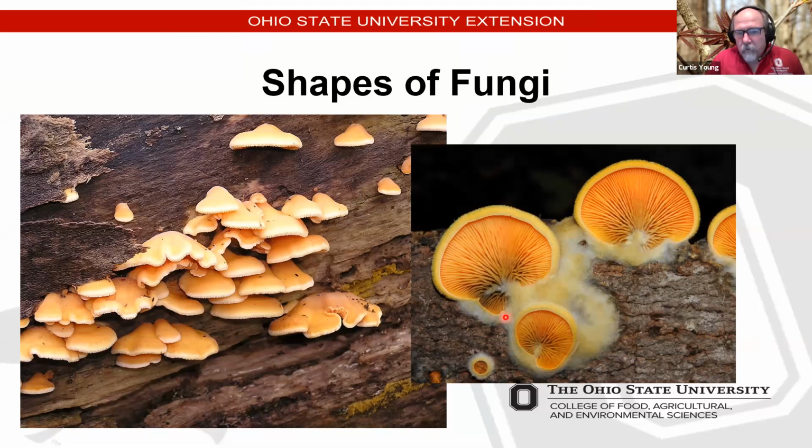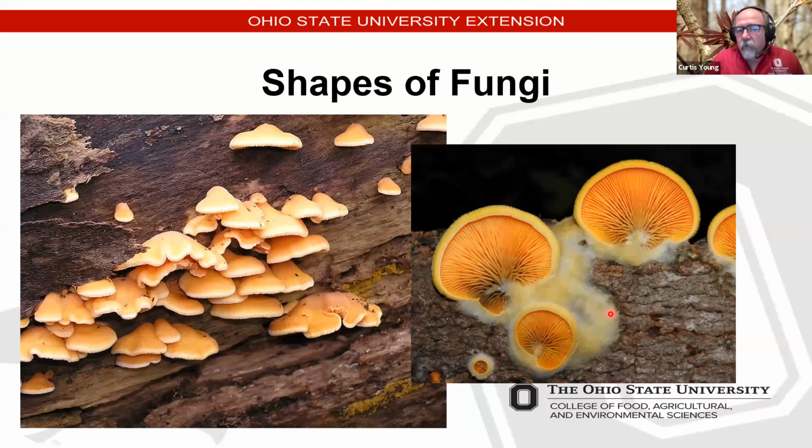It does grow on hardwood rotting logs. And you can see it does have almost a creamsicle orange color to it, especially when it is fresh. And it doesn't persist very long. So you're only going to find it during the fall months, and by the end of winter, they're going to be completely gone. It does have gills underneath. You can see some of the mycelium from which those shells are produced.